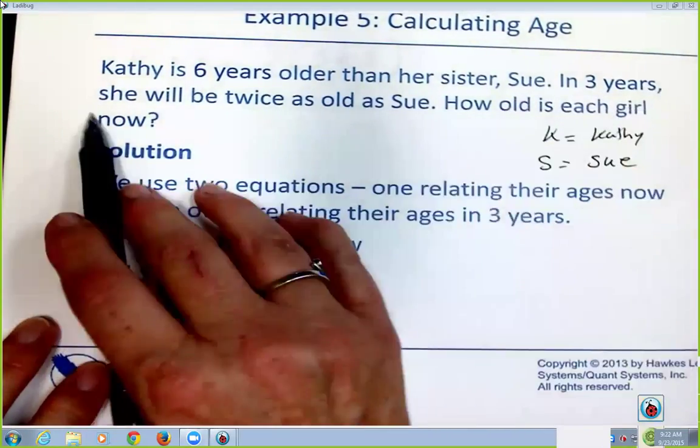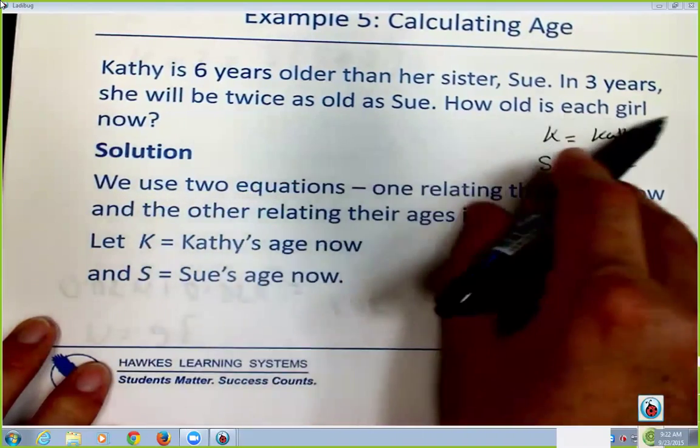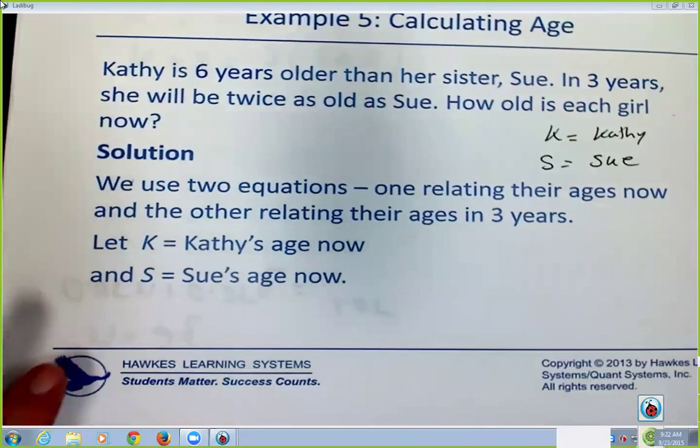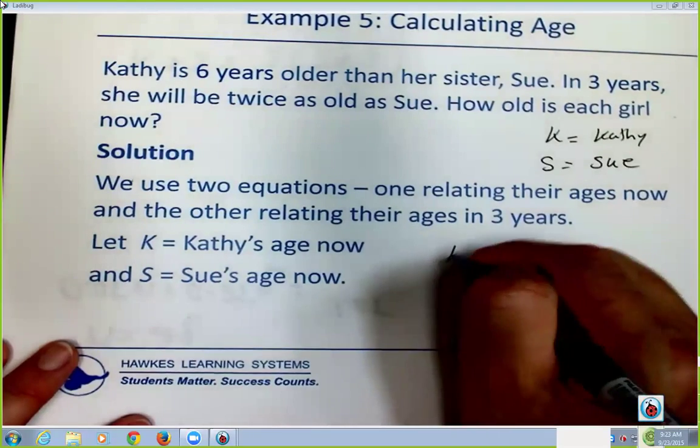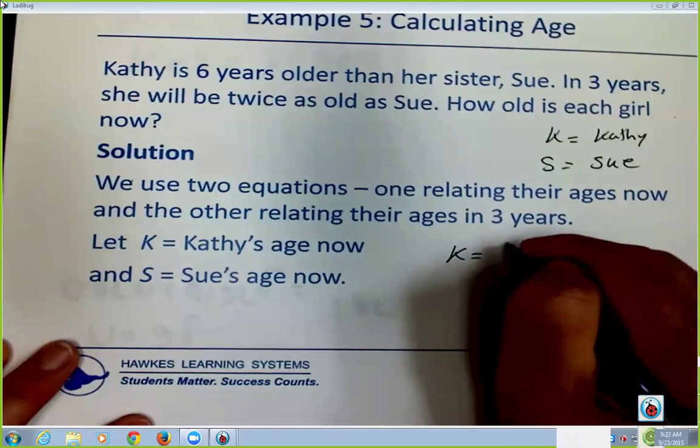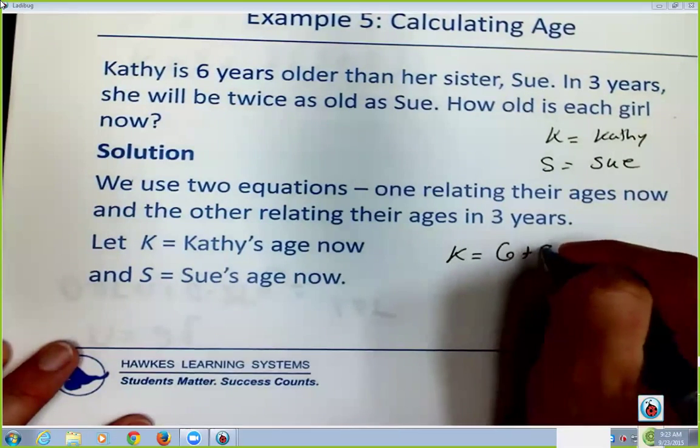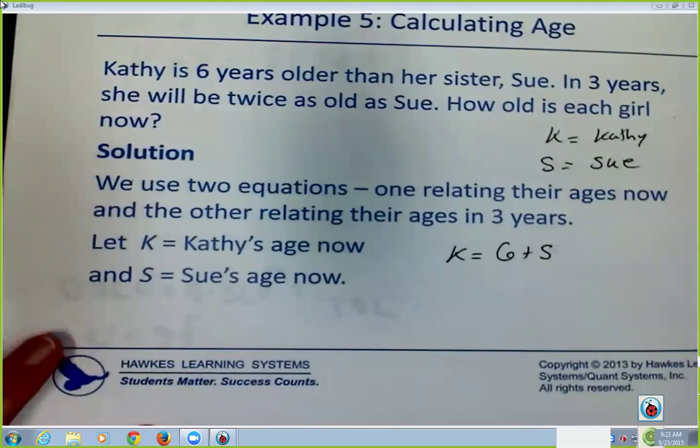And then it says in 3 years she will be twice as old as Sue. So how old is each girl now? So if K is Kathy and S is Sue, what could we find out? Kathy is 6 years older than her sister. Kathy equals 6 plus Sue, correct?